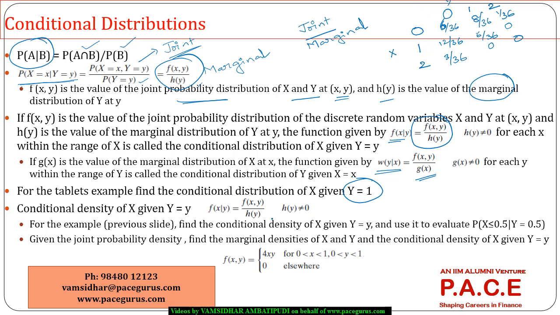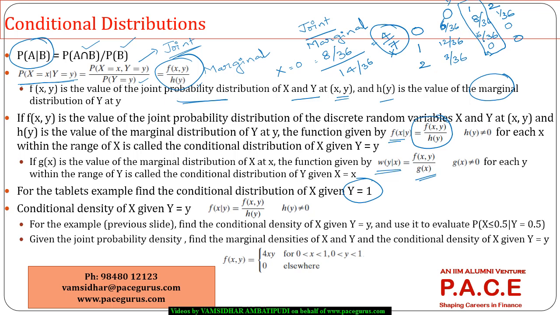So what we are asking is, find the conditional distribution given y equal to 1. It's already given that y is 1. So when y is 1, these are the possibilities, and from there I am trying to find the distribution of x. So x equal to 0 given y equal to 1 is 8 by 36 divided by 8 plus 6, 14 by 36, which becomes 4 by 7.